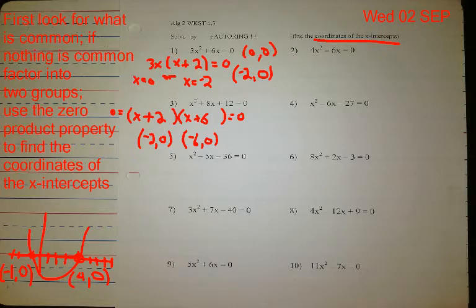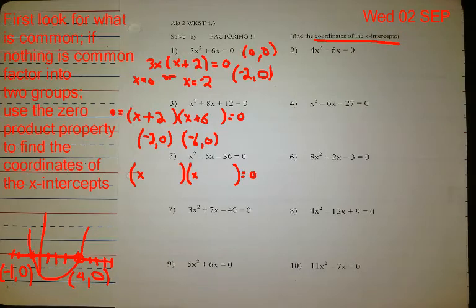Okay, try again. So first step is factor. I must factor. So I get x times x. And then what numbers multiply to be negative 36 and add up to be negative 5?